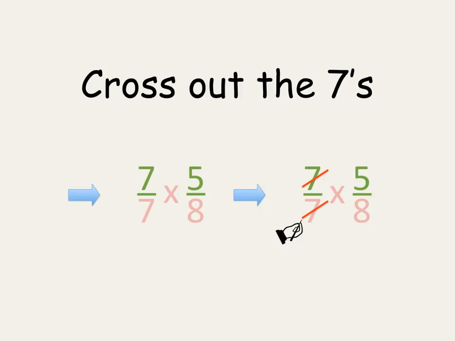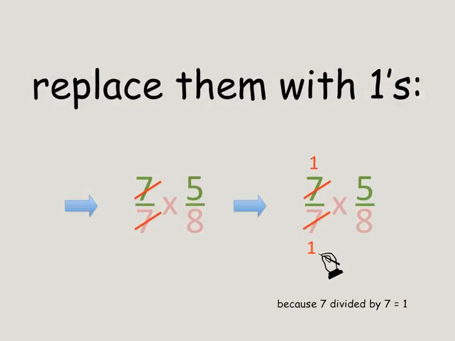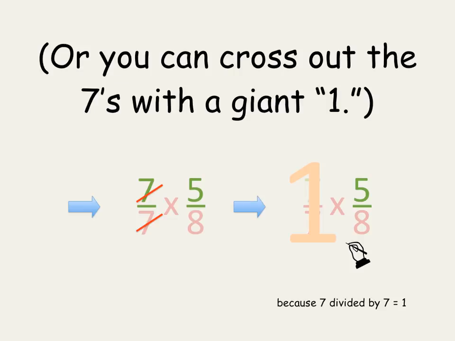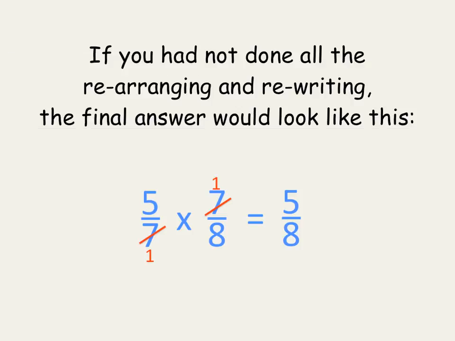So you cross out the 7's and replace them with 1's because 7 divided by 7 equals 1. Or you can cross out the 7's with a giant 1 if you want to, because 7 divided by 7 is the same thing as 1. Then multiply the 5/8 by 1. And the number is still 5/8, and you're done. Now, if you had not done all the rearranging and rewriting, the final answer would look like this.